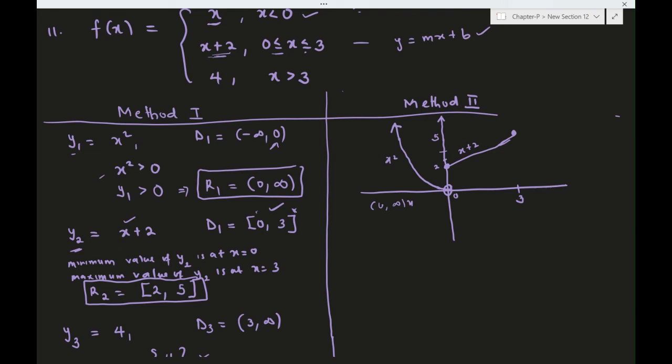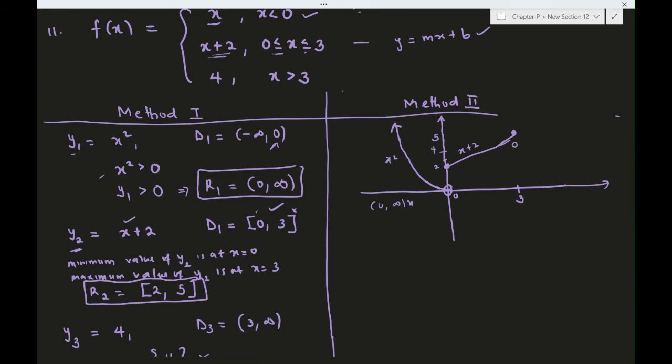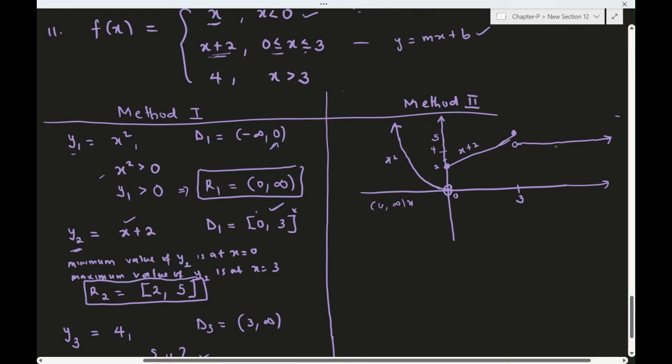If x is greater than 3, it means we are coming this way. The value is always 4, so we're going to have it below 5. Let's say 4 is somewhere here. But that point here is going to be open. Then we will go sideways. It's a constant function, so we keep going. And this is the third piece, where you have the constant.